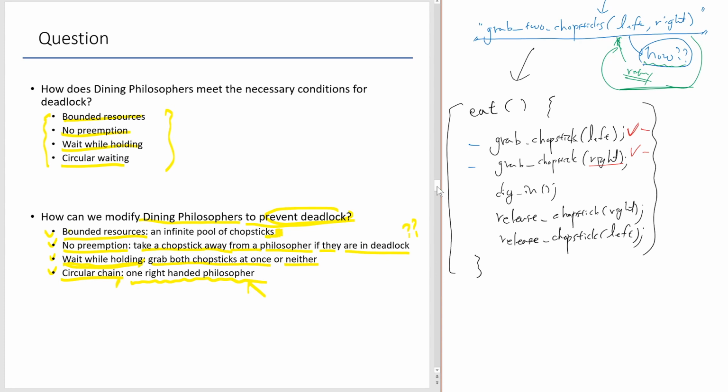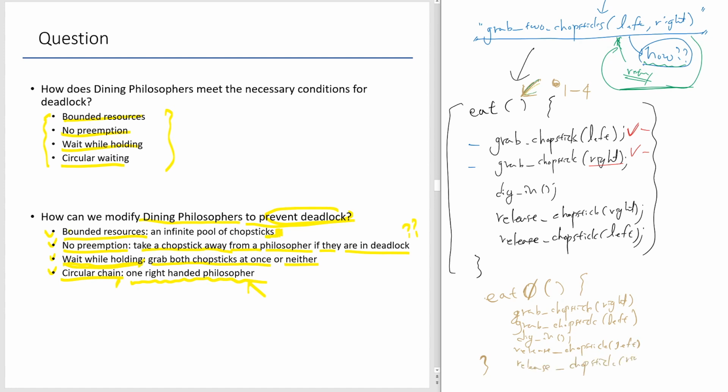This amounts to the original algorithm being used by philosophers 1, 2, 3, 4. They use this algorithm, and philosopher 0 uses essentially the same code, but you reverse the sequence of grabbing the chopsticks. So philosopher 0 has to follow this modified version of the eating algorithm.